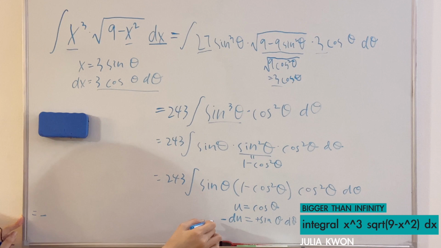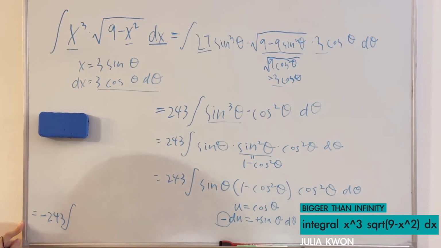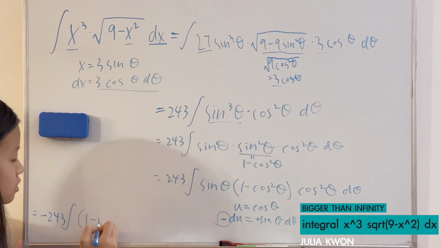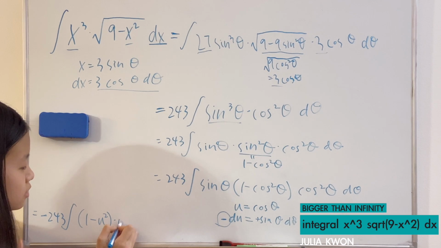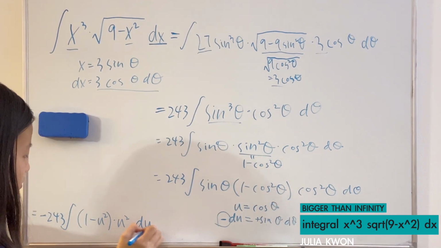So we have negative 243 times the integral of 1 minus u squared times u squared, since cosine theta is equal to u, and du.